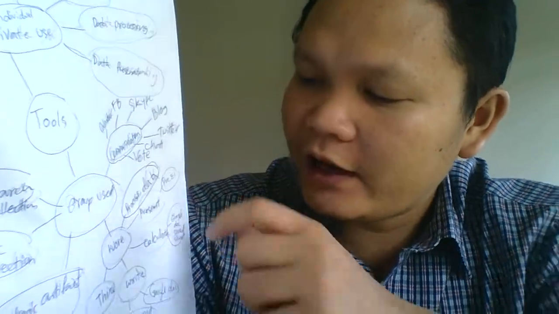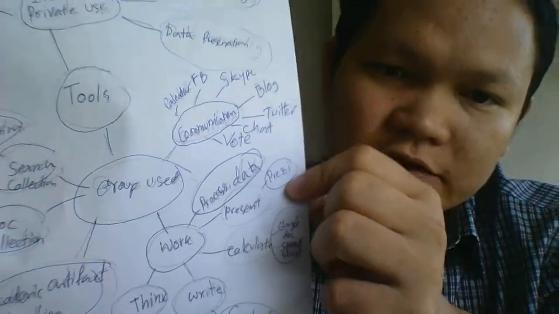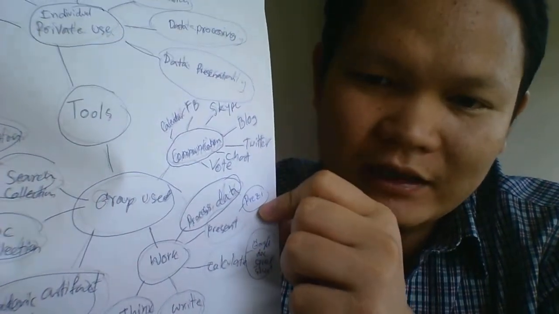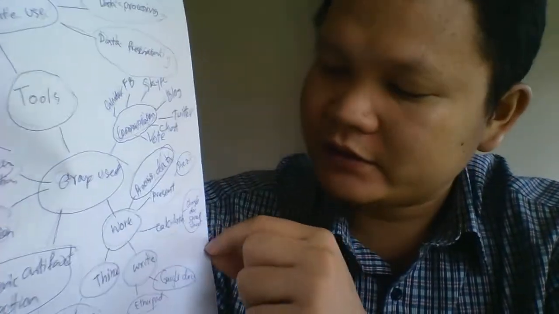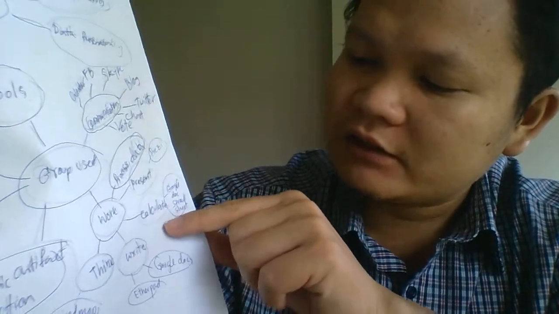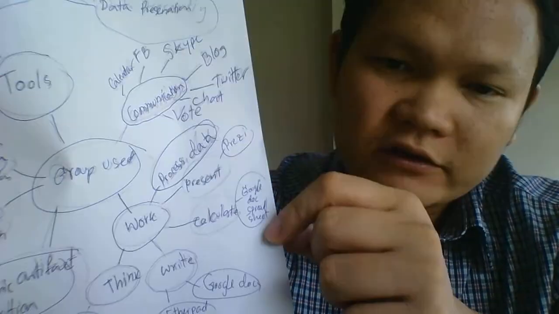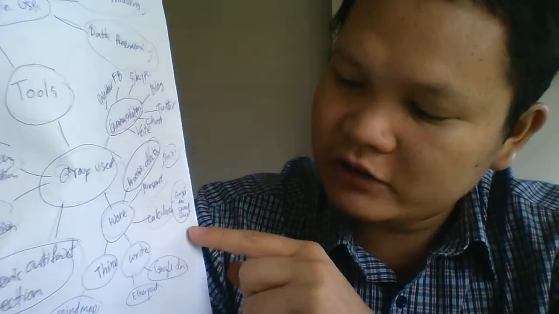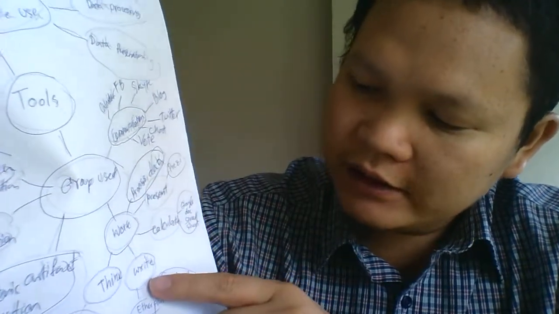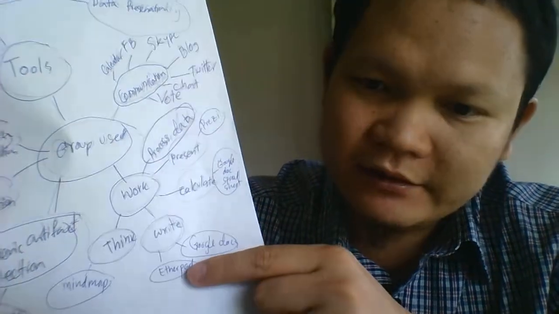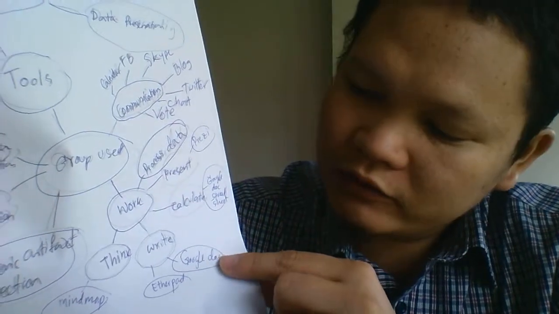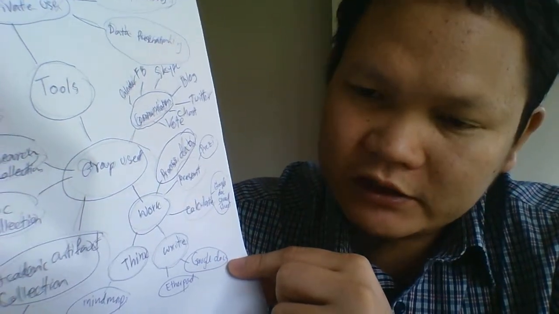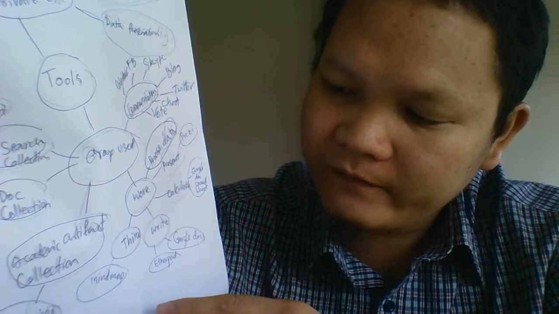One tool is called Prezi, which I like to use. For calculation, you may use Google Docs, which has a spreadsheet. For writing, you have Etherpad, or also Google Docs, which is a kind of document like Microsoft Word.